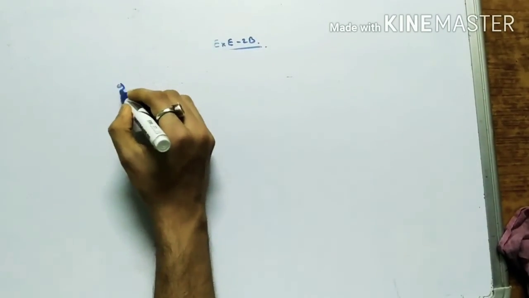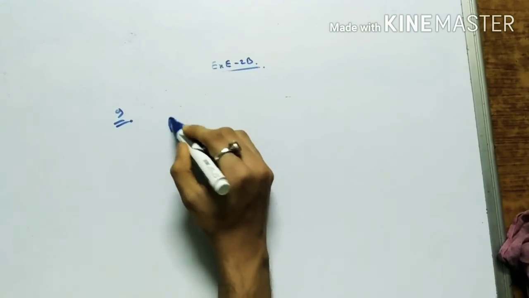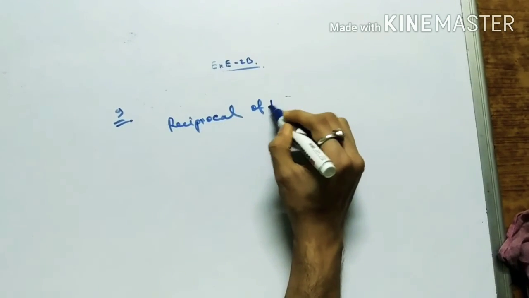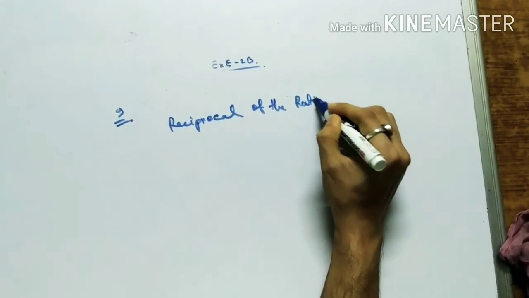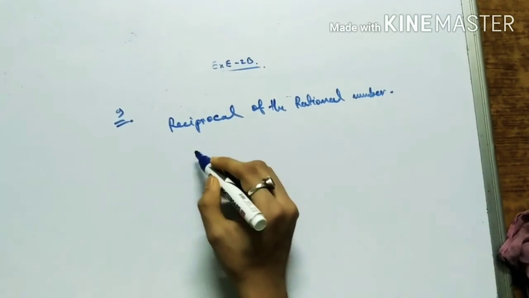Next, it is our type 9. Find the reciprocal of the rational number. So this is 5 by 2 to the whole power minus 2 divided by 1 by 5 to the whole power minus 3. I have to find the reciprocal of the rational number.